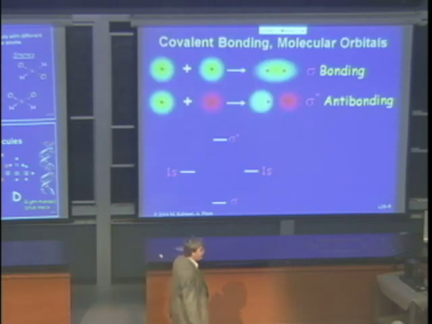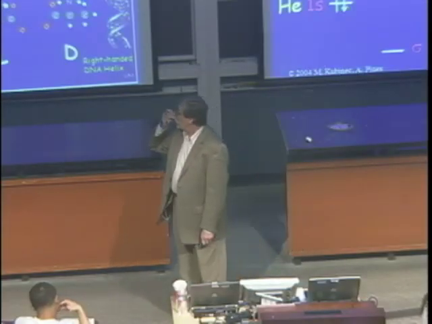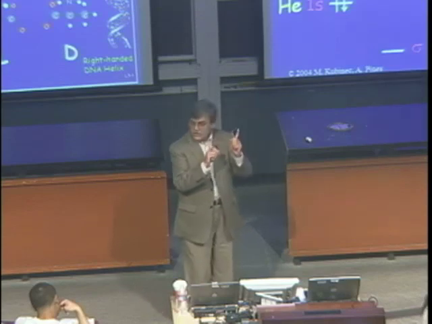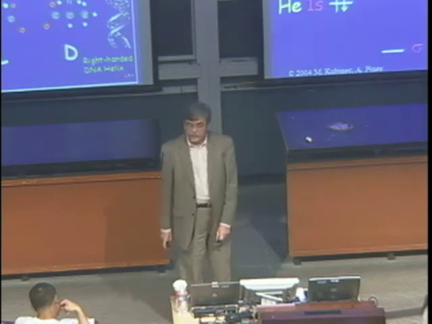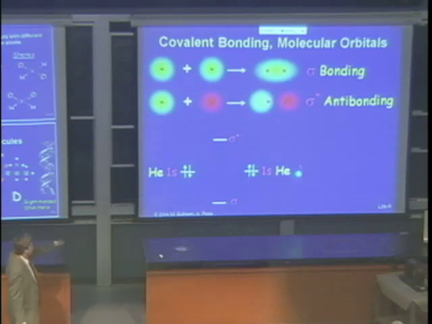So let's do this a little bit more with helium. Helium, each atom has 2 electrons. In the atomic orbitals, there's upspin and downspin, upspin and downspin.